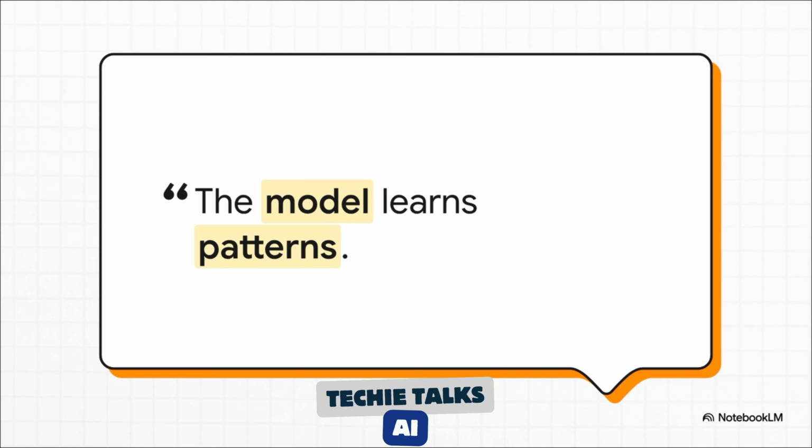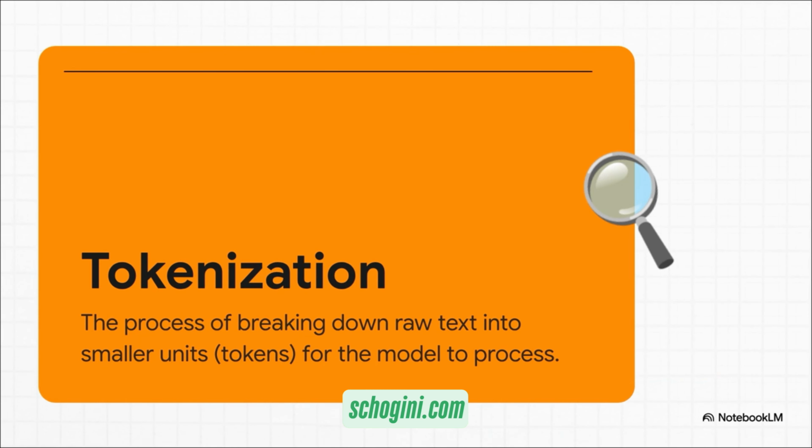But to the LLM, that's a stream of data that needs to be completely taken apart. So the very instant you hit enter, the first thing that happens is something called tokenization. See, the AI doesn't see words the way we do. It sees tokens. It chops up your sentence into the smallest possible units that it can actually process. You can think of it as the very first step in translating our language into machine language.